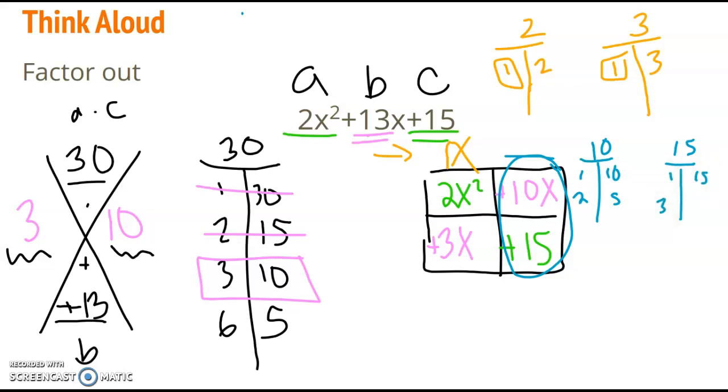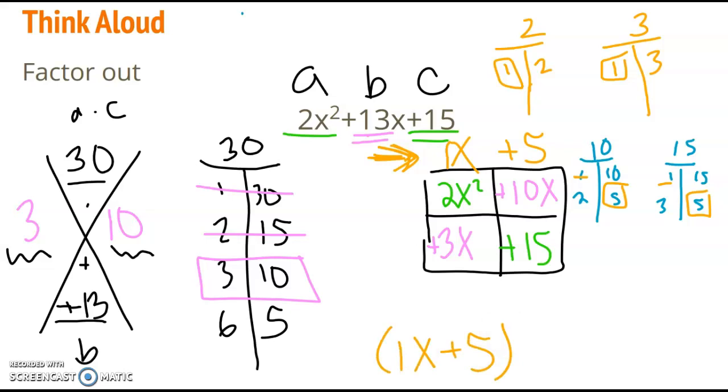And then 3 times 5. So I want to know what they have in common. I see that they have 1 in common, and I also see that they have 5 in common. I want the greatest number they have in common. So I'm going to be taking out a positive 5. Okay, so I know this is my first binomial right here. So 1x plus 5 is my first binomial.